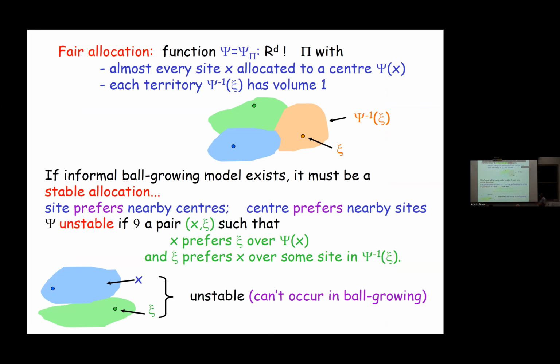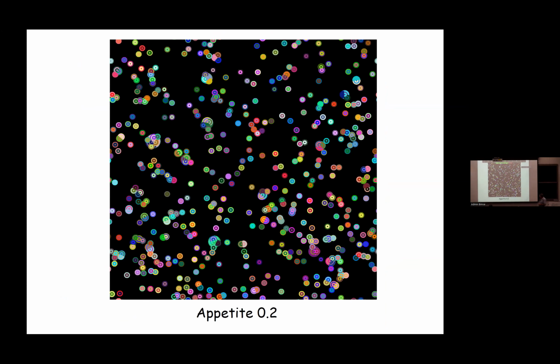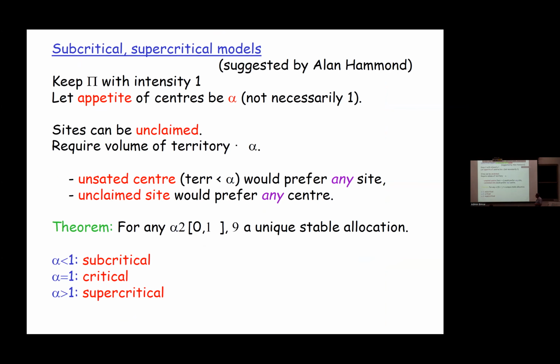Absolutely, it's very close to Voronoi, and maybe you'll see one connection here. I even had some slides with Voronoi. So the way to connect to the Voronoi is to consider another parameter alpha, which is the appetite.